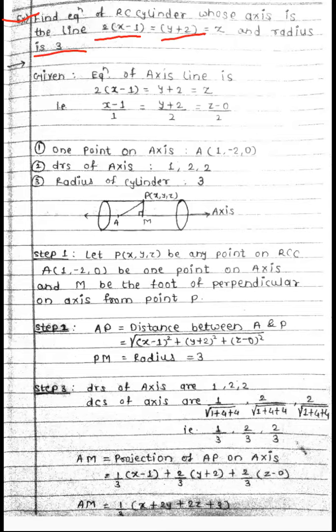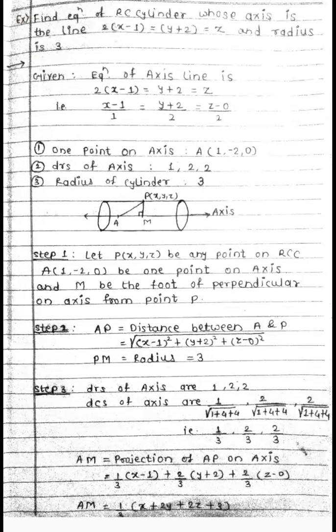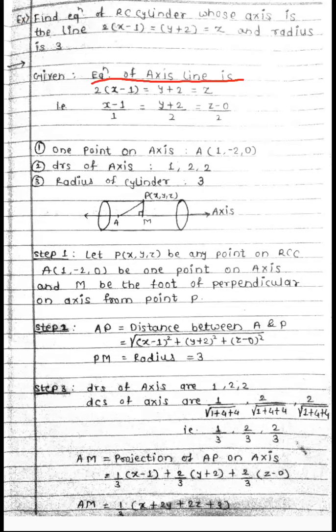Let's start with the equation of the axis. The equation of the axis is this line, which is given. Now rewrite it as (x minus 1) upon 1 equals (y plus 2) upon 2 equals (z minus 0) upon 2.